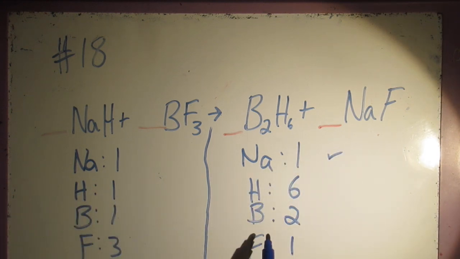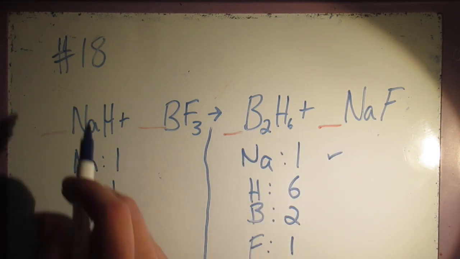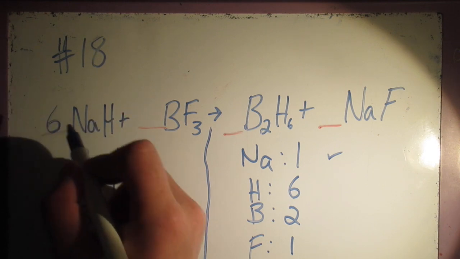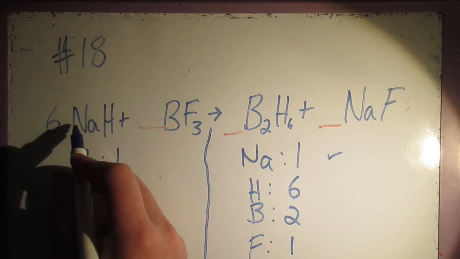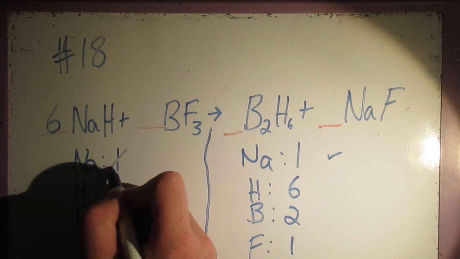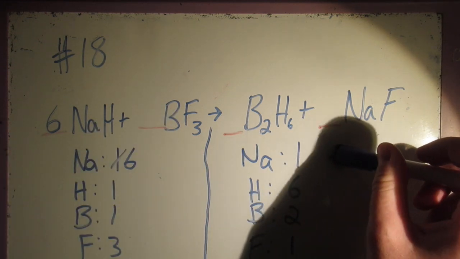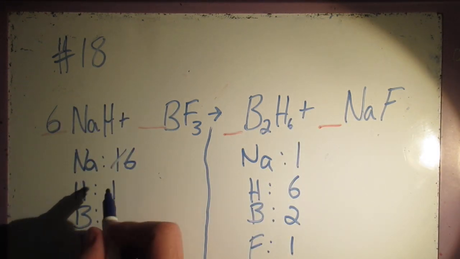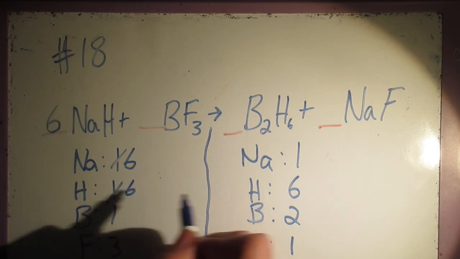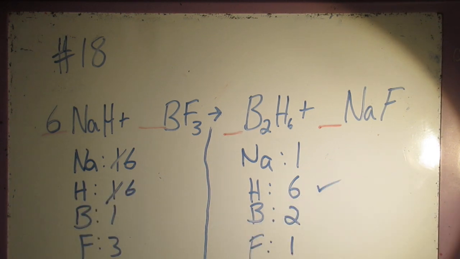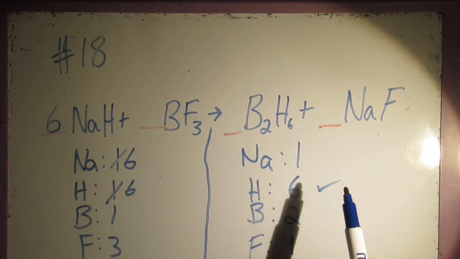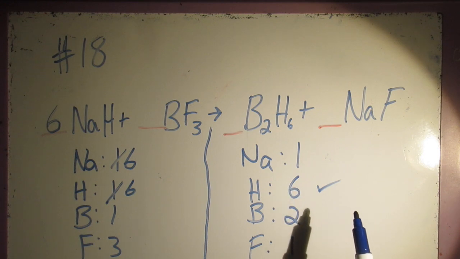Hydrogen, definitely not. So let's change hydrogen. So we have 6 here, let's put a 6 over here. So I now have, oh, my sodium changed as well. We can get rid of that, that's not good. And hydrogen 6. Okay, so hydrogen is now good. Sodium is no longer though, so I'm going to have to change that.